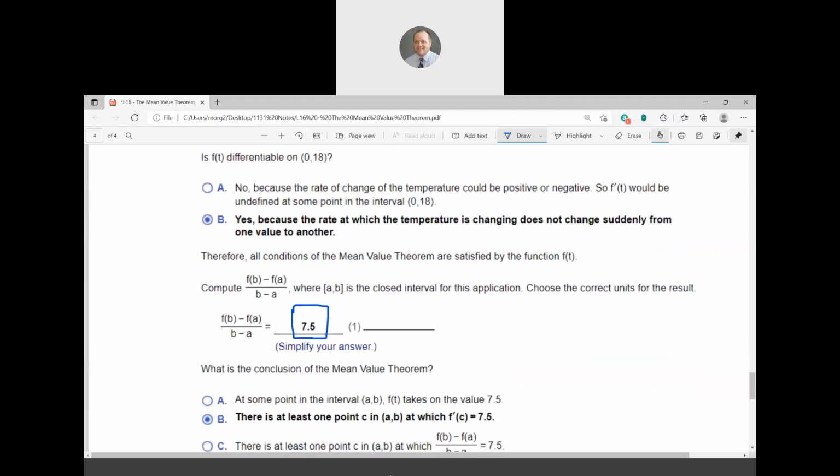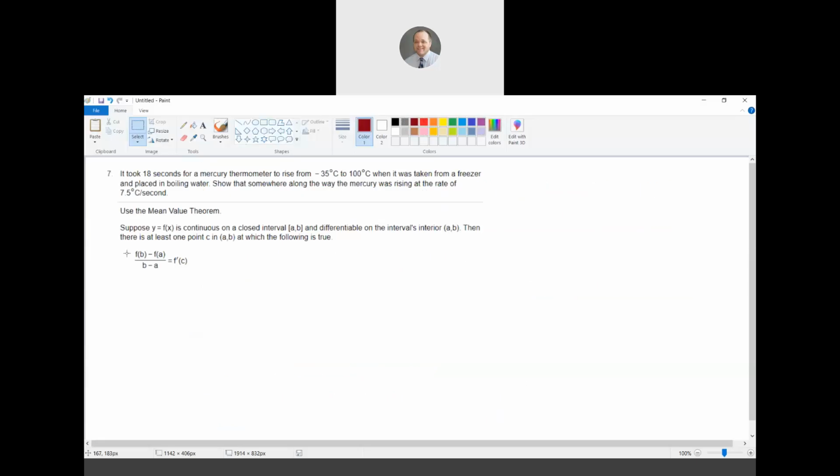So let me copy and paste our formula. Oh, sorry, I actually got it here. F prime of c we're already given. That's 7.5. We need to find f of b and also f of a.